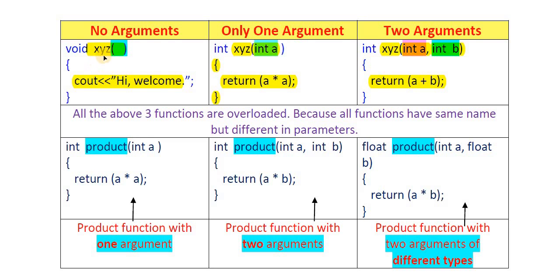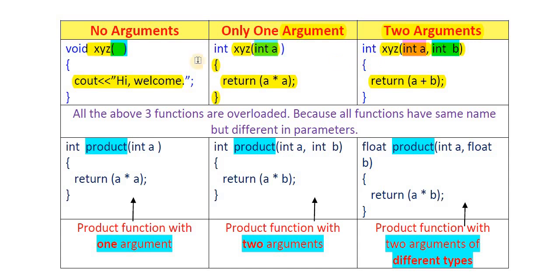So all three functions have the same name xyz. In the first example there are 0 parameters. In the second example only one parameter or argument is used, and in the last example two parameters or two arguments are used.